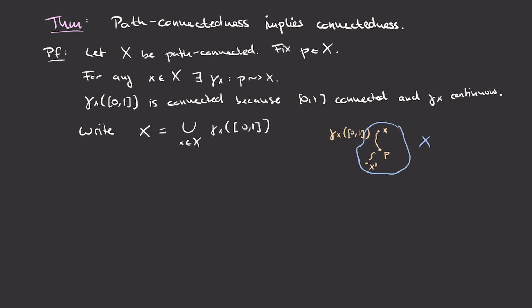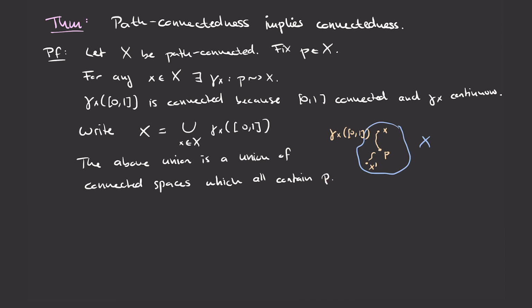So we've now written X as this union, and it's a union of connected spaces which all contain the point P. And therefore, by a property we saw in the previous video on connectedness, this implies that this union is connected.